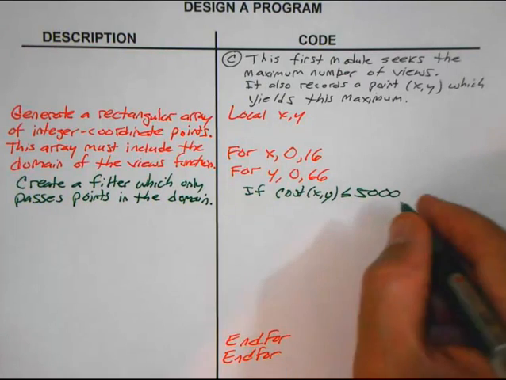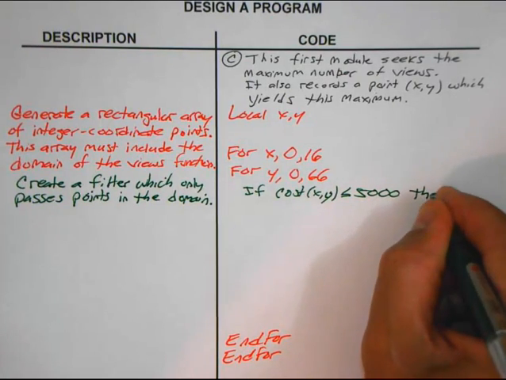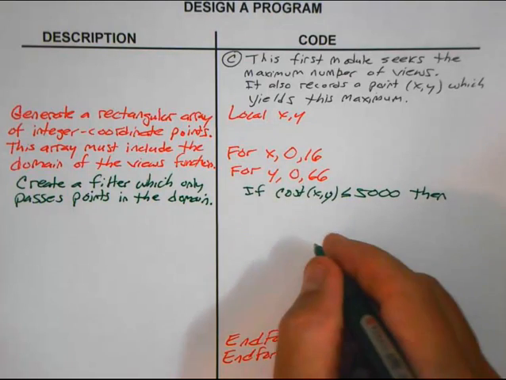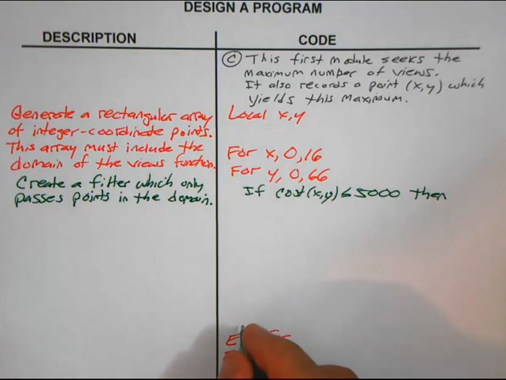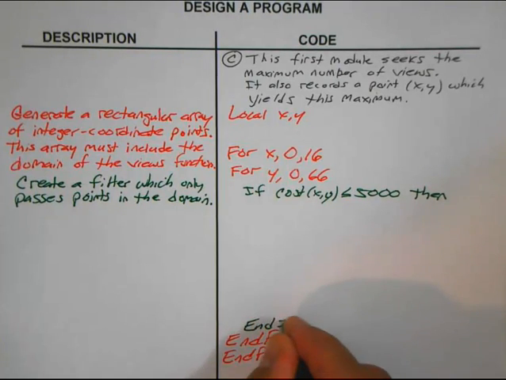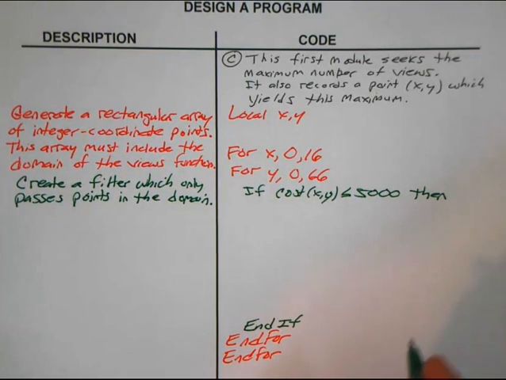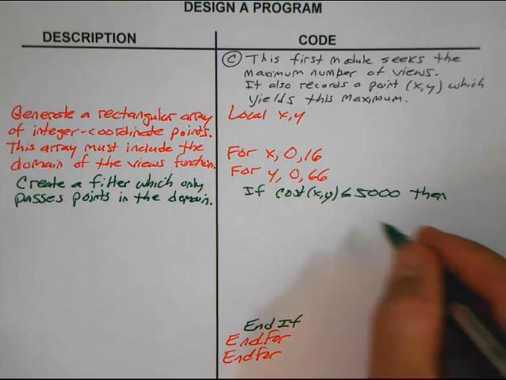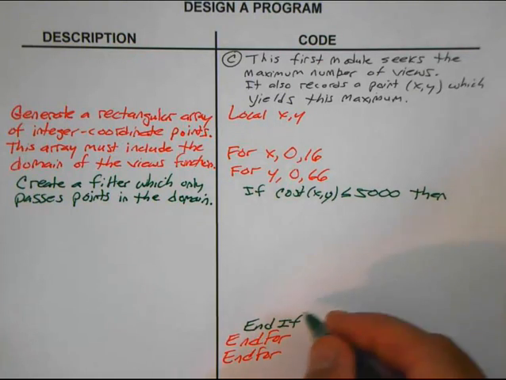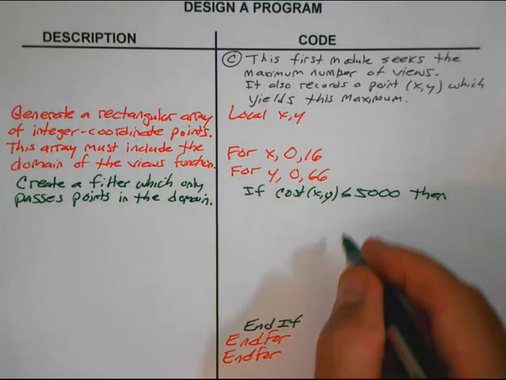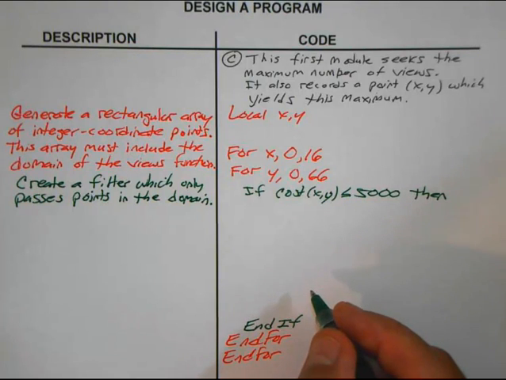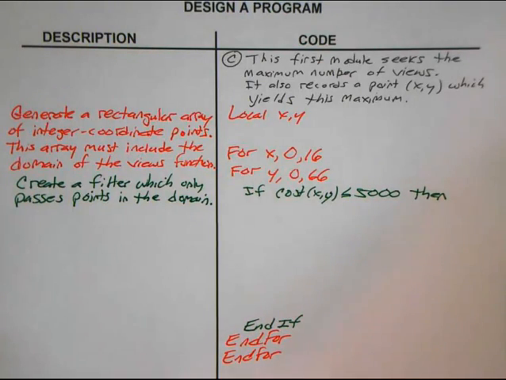If we have this, then they go on into here, and we need to end this if statement somewhere, like here. Now inside here we have xy points that are in the domain, just what we want. So what to do next?